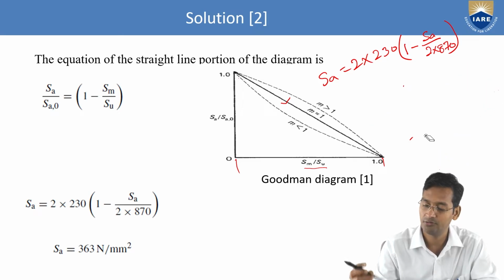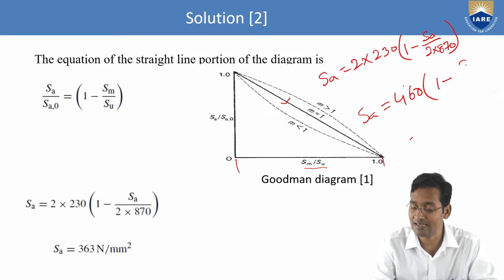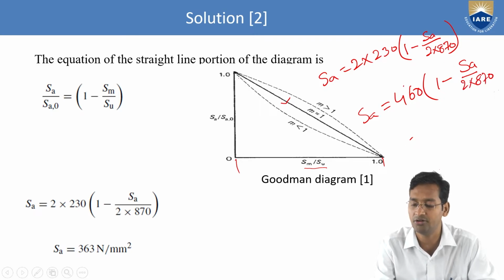So after this, let's simplify. Sa equals 460 into 1 minus Sa by 2 into 870, or you can multiply using a calculator and put it.